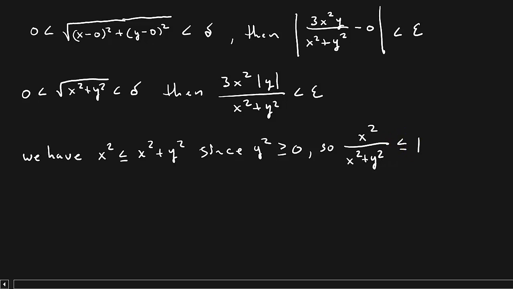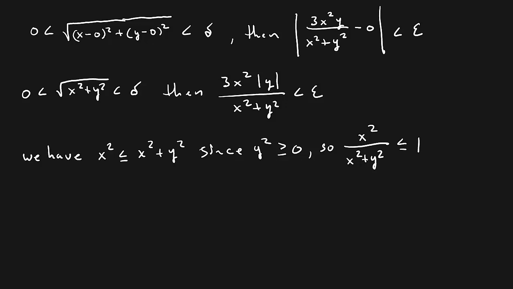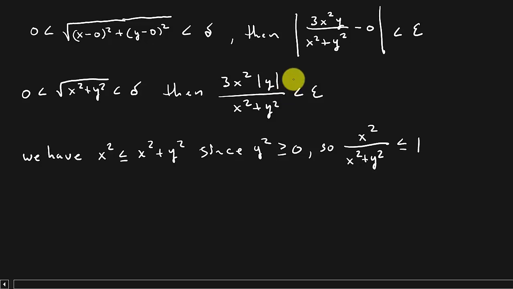Now, where did that come from? Well, I hope you can kind of see what we're trying to do. We're looking at the function we have, with the x squared over x squared plus y squared, and hopefully you'll see as we move on in the problem.